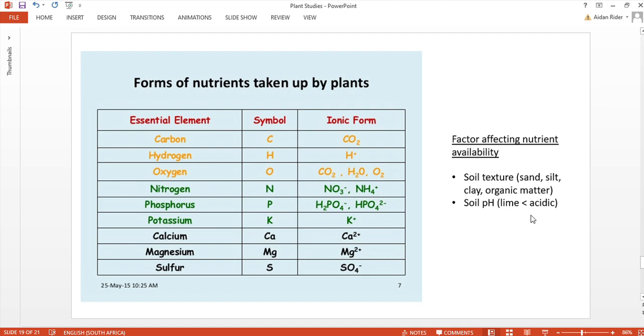So you can add lime to change the pH of the soil, always remember that. Some plants don't like acidic soils, others don't like alkaline soils, but you can change the pH to ensure that the plants get enough nutrients. Usually in the 6 to 6.5 pH range, most plants take up or absorb nutrients very well.